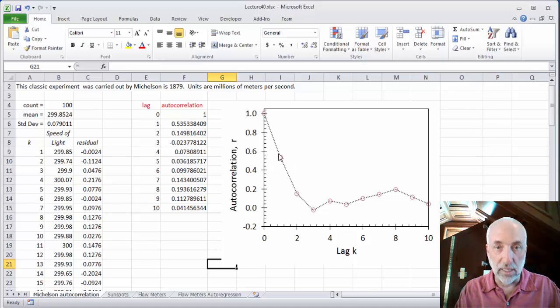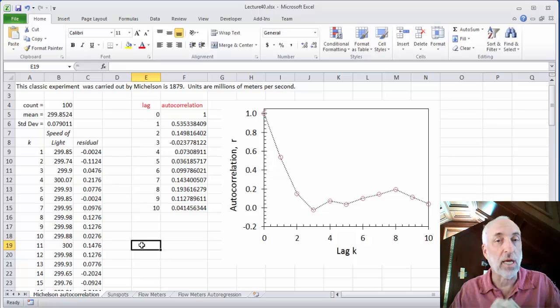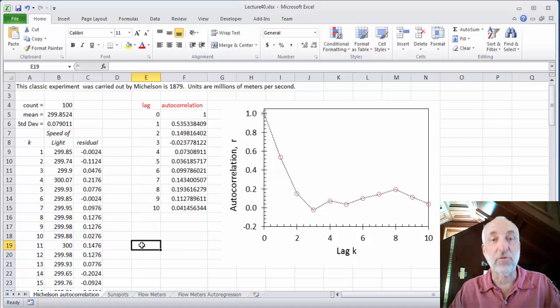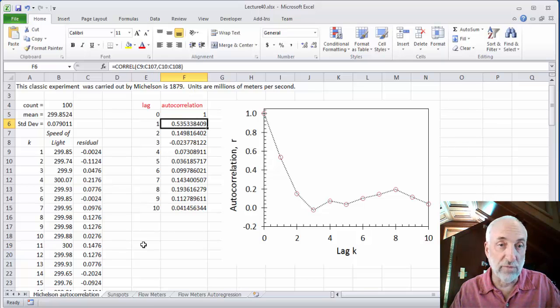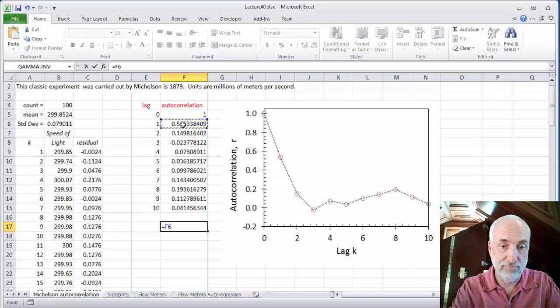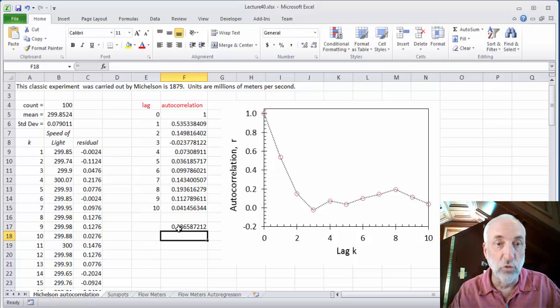If we really had AR1 behavior in this data, what do we expect? We expect the autocorrelation for a lag of 2 to be equal to the autocorrelation for a lag of 1 squared. Lag of 3 will be lag of 1 to the 3rd power. So this is 0.535. If I were to square that, I get 0.28.